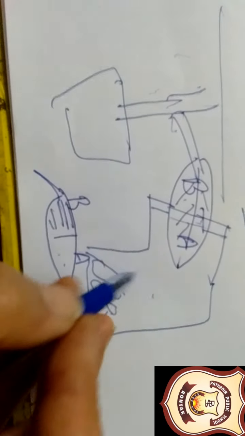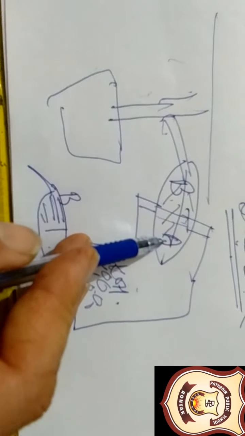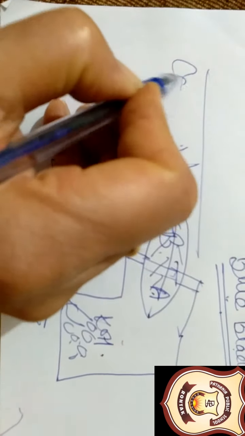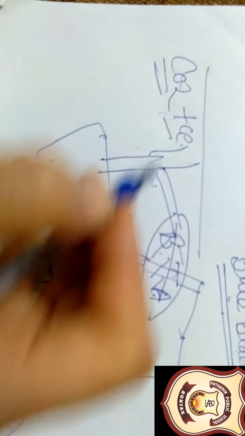Hence we can say that carbon dioxide is required in the process of photosynthesis. These are two experiments.